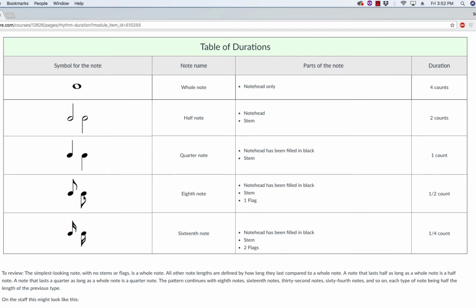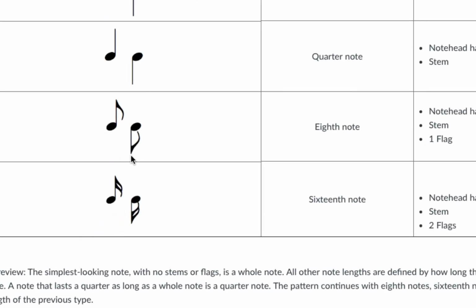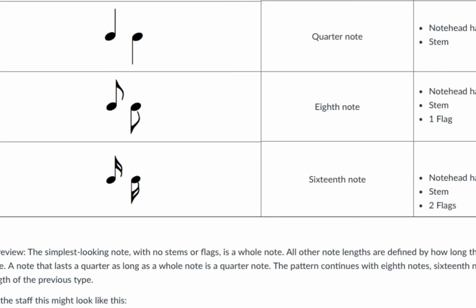Next, we have eighth notes. Now you'll notice the note head is still there with its filled in oval, just like a quarter note. The stem is still there, and now we've added what's called a flag. And you'll notice that the flags always go right, even while the stems will alternate which side they're on depending on the direction that they're facing.